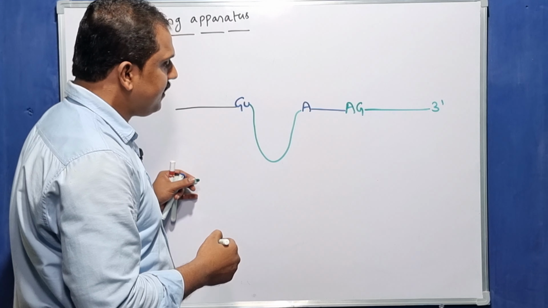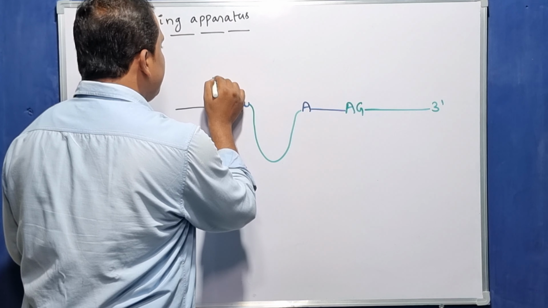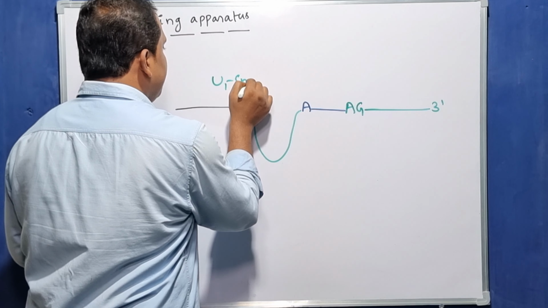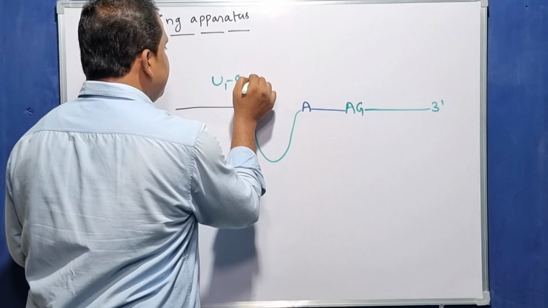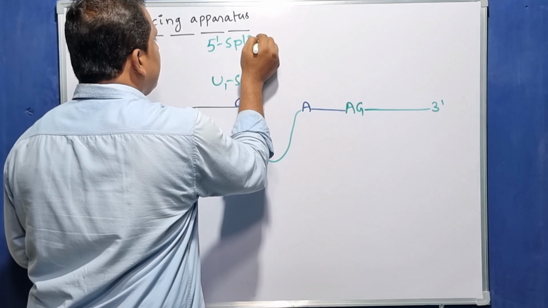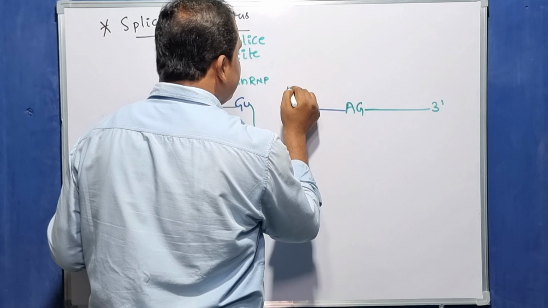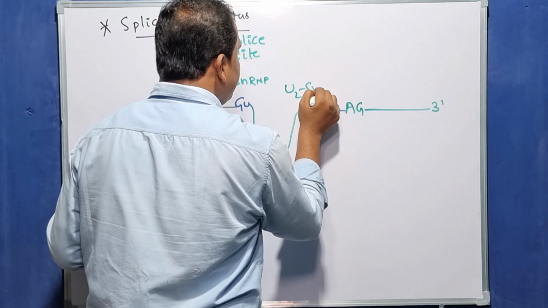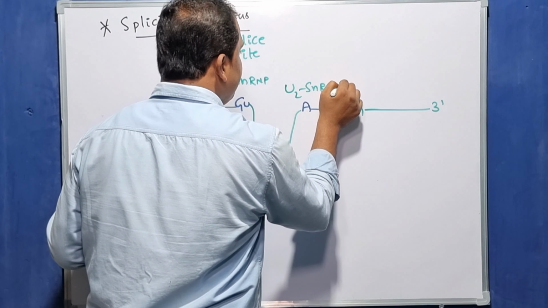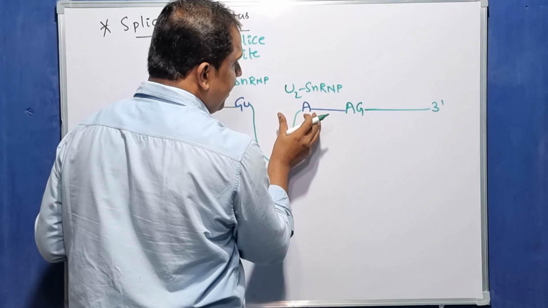Is it clear? The specific U1 snRNP is in association with the 5' splice site. And the U2 snRNP is in association with the adenosine nucleotide, the branch point adenosine nucleotide.